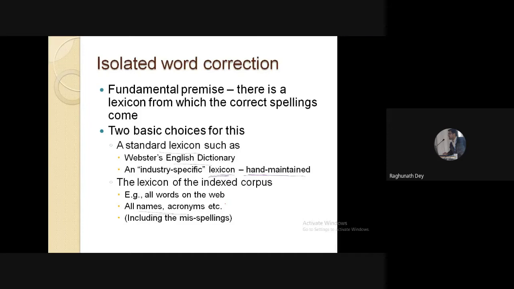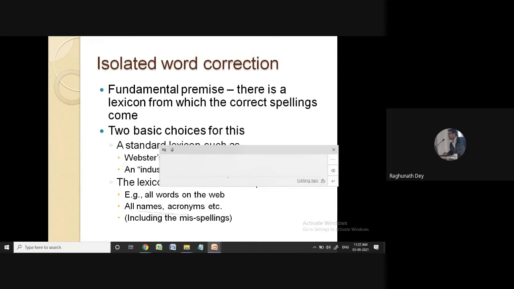As I have told, the first approach is isolated word correction, where you are not bothering about the surrounding words. You are not considering the total number of words in the phrase; rather you are concentrating on a single term, a single word. How? By maintaining a lexicon or dictionary.